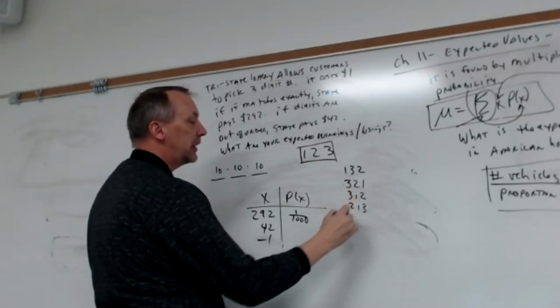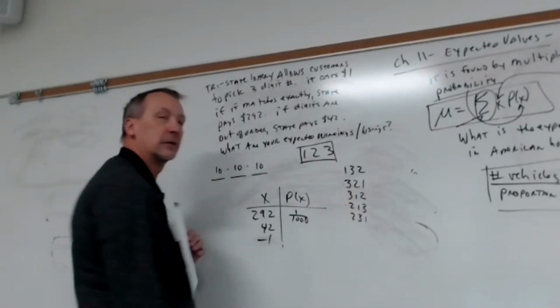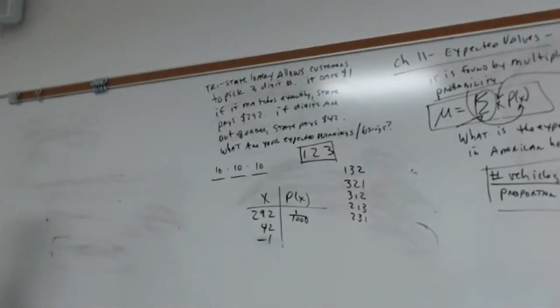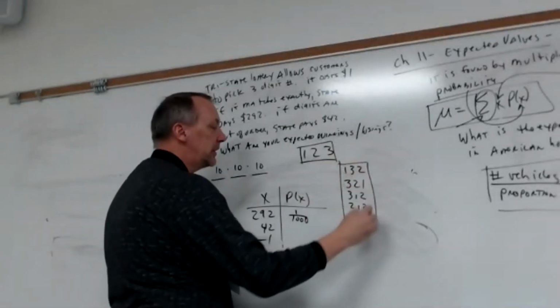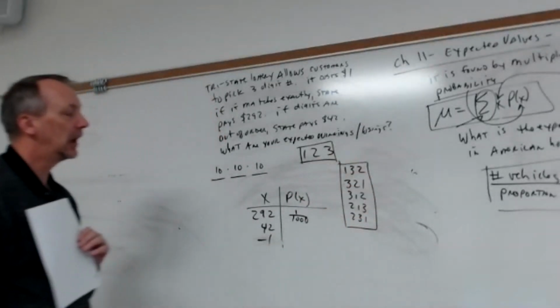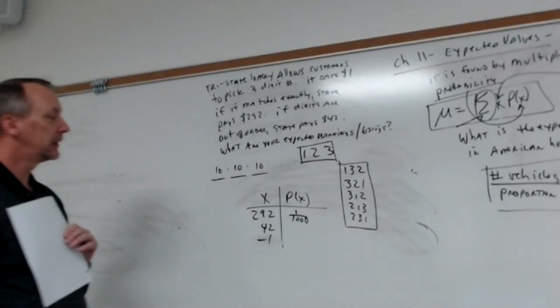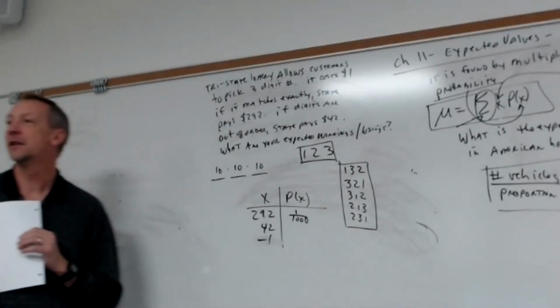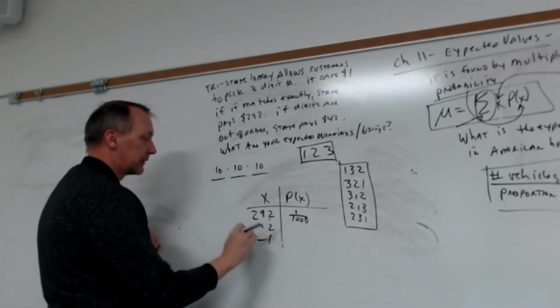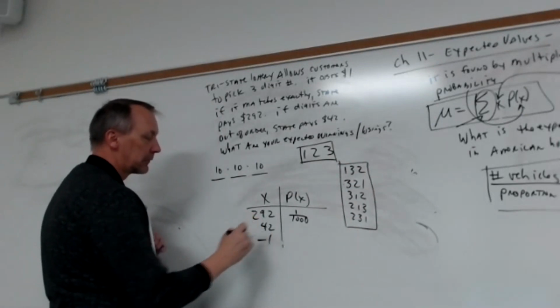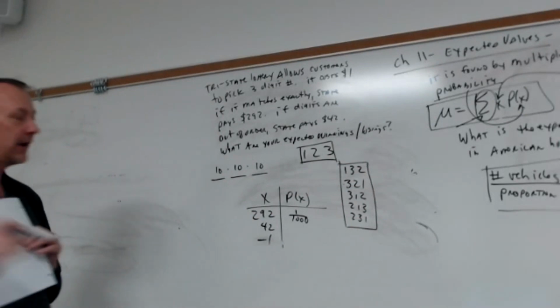There's 2, 1, 3, and 2, 3, 1. Are there any others? So these are all the possibilities to win the second prize. How many ways are there to win $42? 5 out of 1,000.